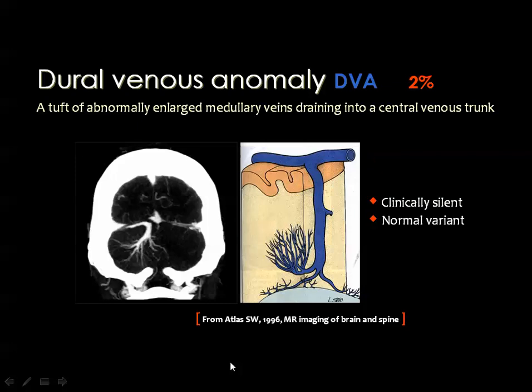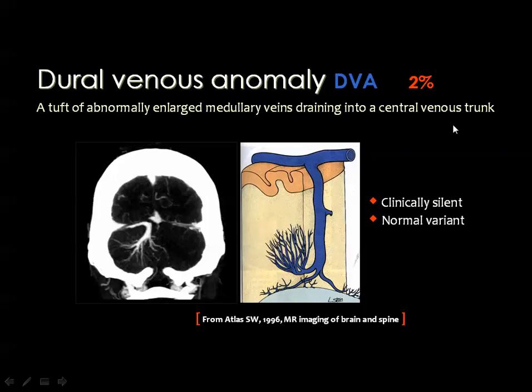Then we came to the developmental venous anomaly, which is known as DVA, and the incidence of this lesion is about 2%. Actually, this is not a lesion, and it is considered by all as a normal variant.